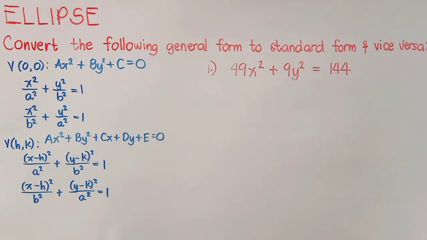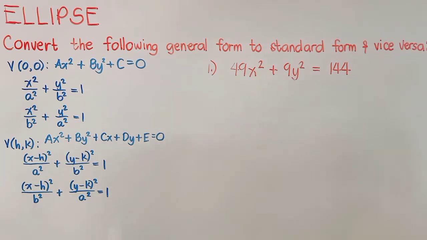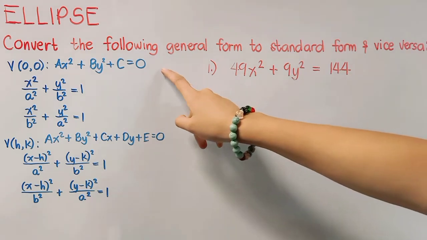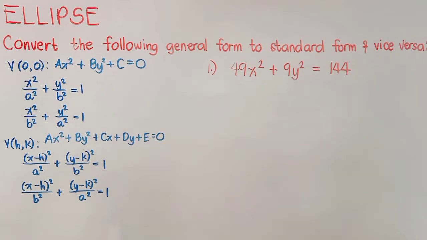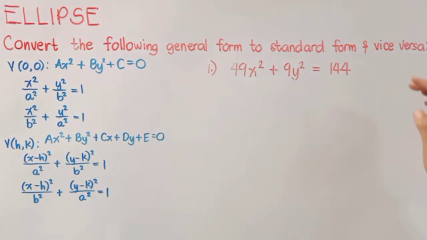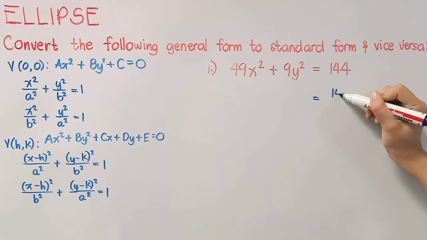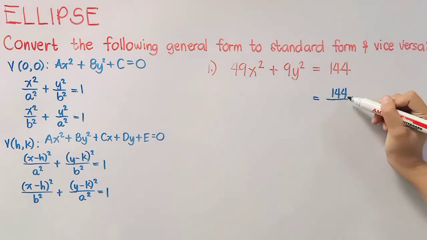Let us start with number 1. We have here 3 terms, which looks like this. Therefore, our expected answer should also look like this one. Our expected answer should have 1 on the right side. So in order to do that, we have to divide 144 by itself to have a result of 1.